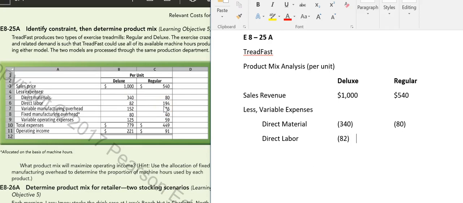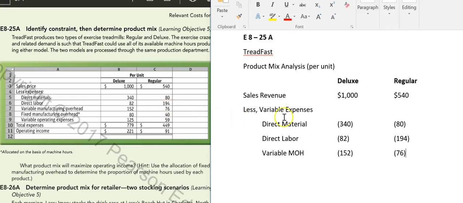Then the third expense is variable manufacturing overhead. Here you see for the deluxe one it's 152 and for the regular one it's 76. So I'm subtracting 152 and then 76.